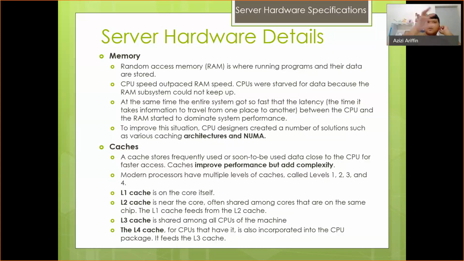For example, if the CPU wants to process data, it doesn't need to get the data all the way from the hard disk or the SSD. If it wants to process the same data, it can fetch it the first time from the SSD, then cache it. So instead of accessing the data all the way on the SSD, the CPU can just access it from the cache. So it will increase performance and reduce latency.